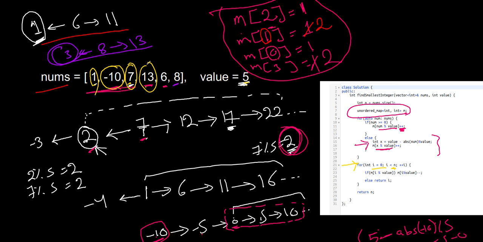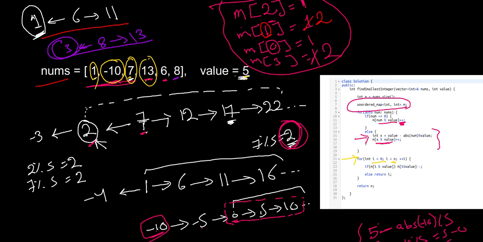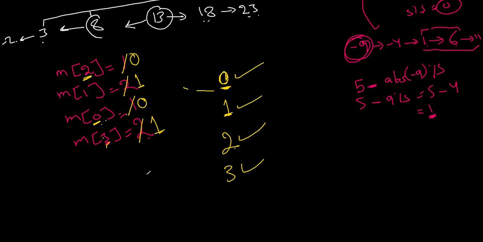We can reach the number 3, and that's because also 13 mod 5 is 3. Now can we reach 4? The answer is no, and that's because for m of 4, there is no number that can lead us to 4, so directly we return 4.